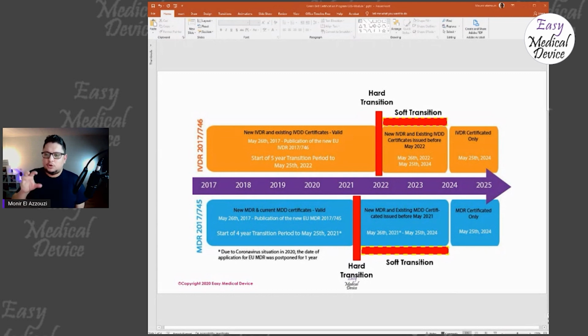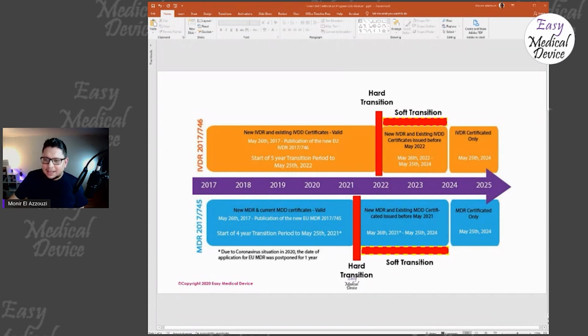So if you are manufacturing a reusable surgical instrument, before you were class 1, so it was just a CE without a notified body. Now you are class 1R, so the notified body will have to review your reprocessing methodology for your device.